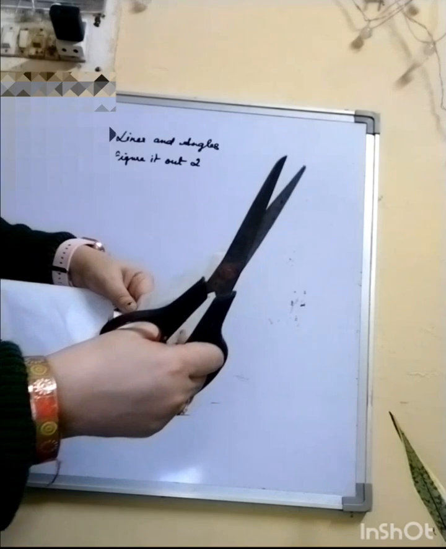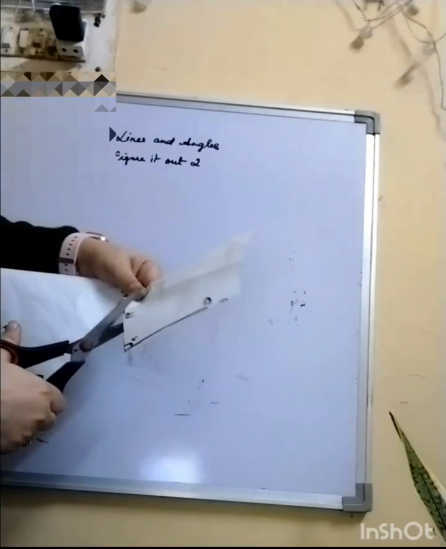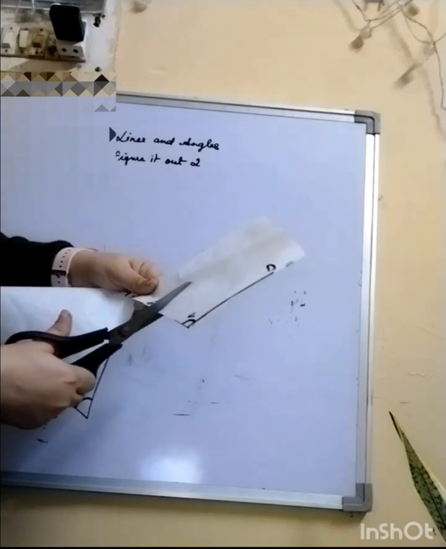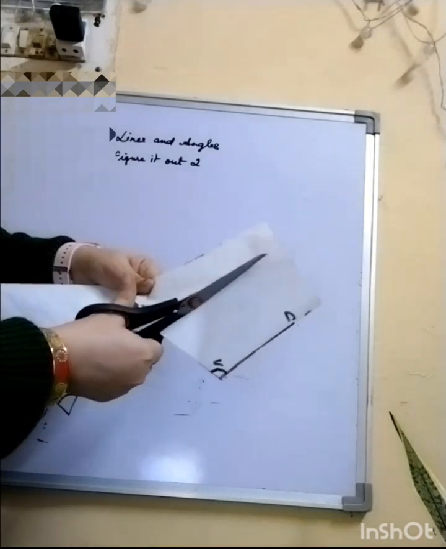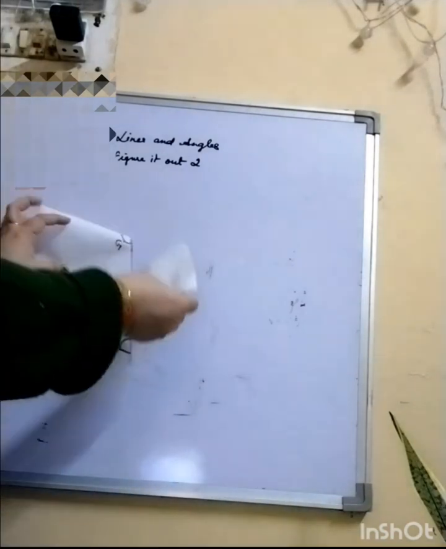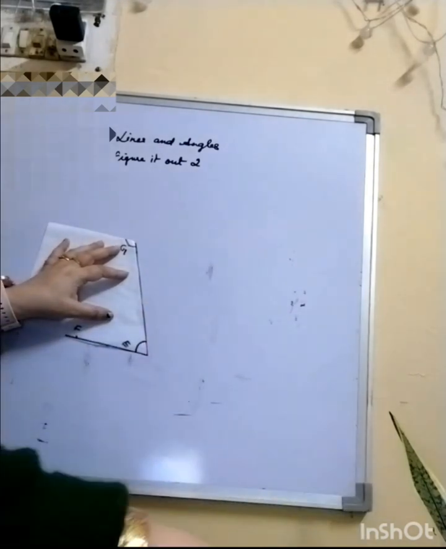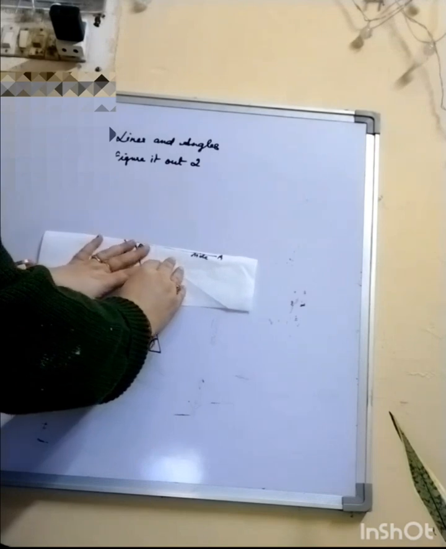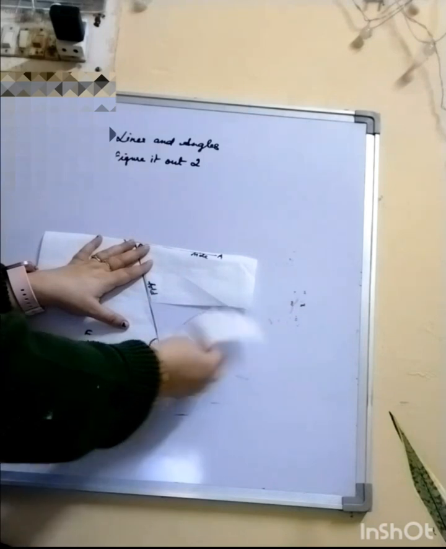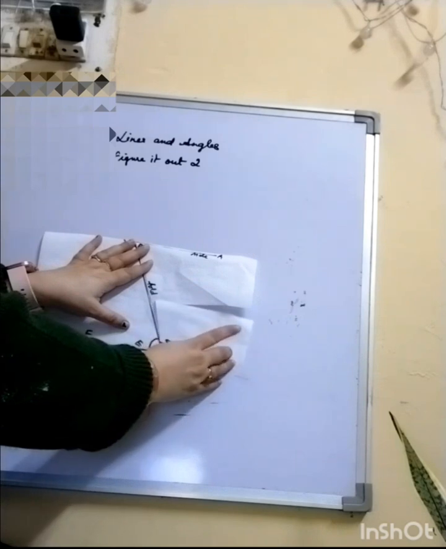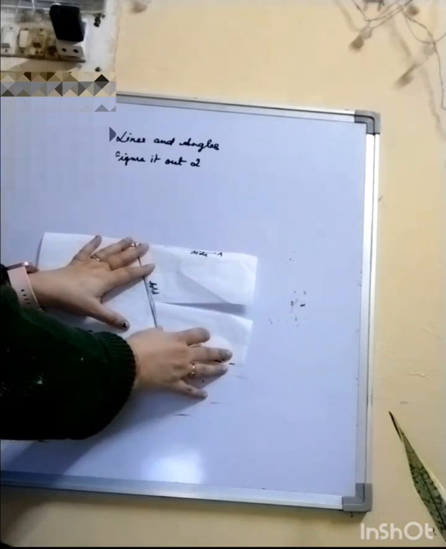So we get the angle. Now what I am going to show you is, see, I am putting the paper back. This was our angle. This is angle C, D, B.